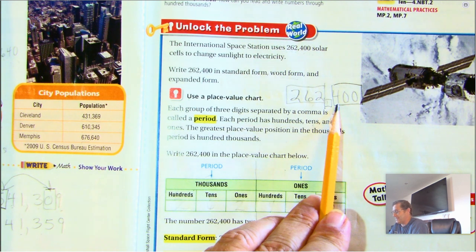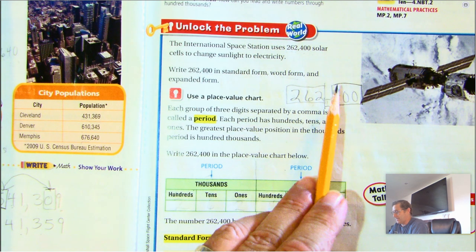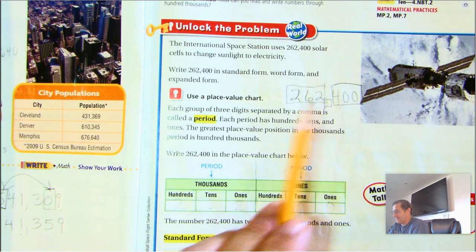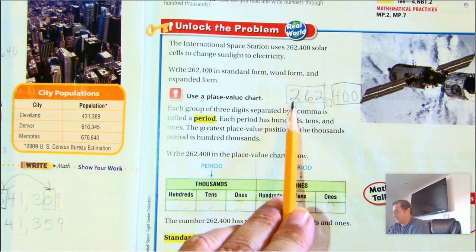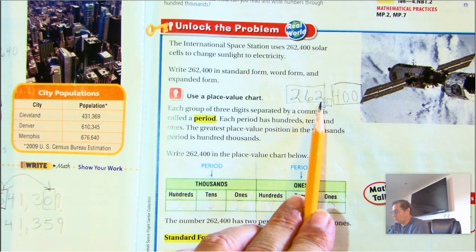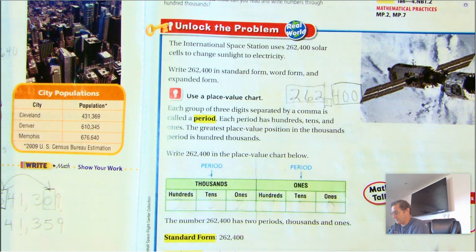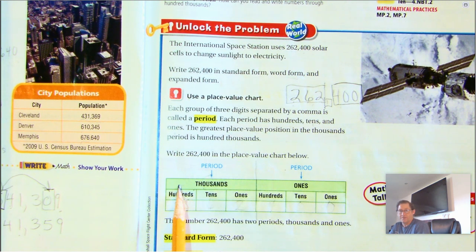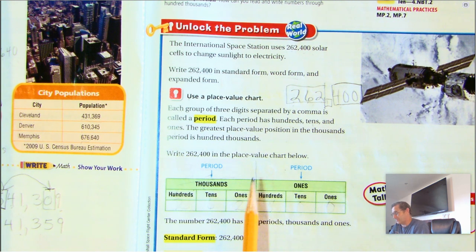So if we were just looking at this value, we'd say 400. That's 4 hundreds, no tens, no ones. In the next one, we'd say it has 2 hundreds, 6 tens, and 2 ones, but it would be in the thousands period. Okay, and so we notice that down here, this period is thousands, and the period furthest to the right is the ones period.